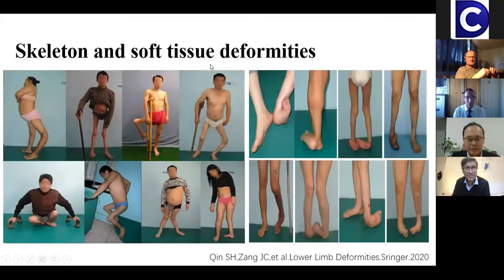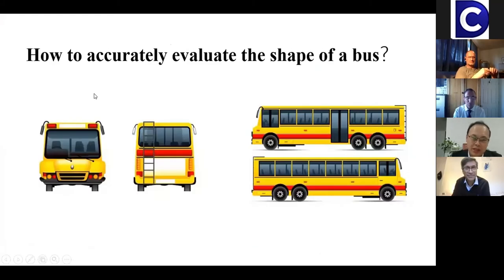So in our center, we have a lot of deformities like this, skeletal deformity and some soft tissue unbalanced deformities. And how do we correctly evaluate the shape of the bones?